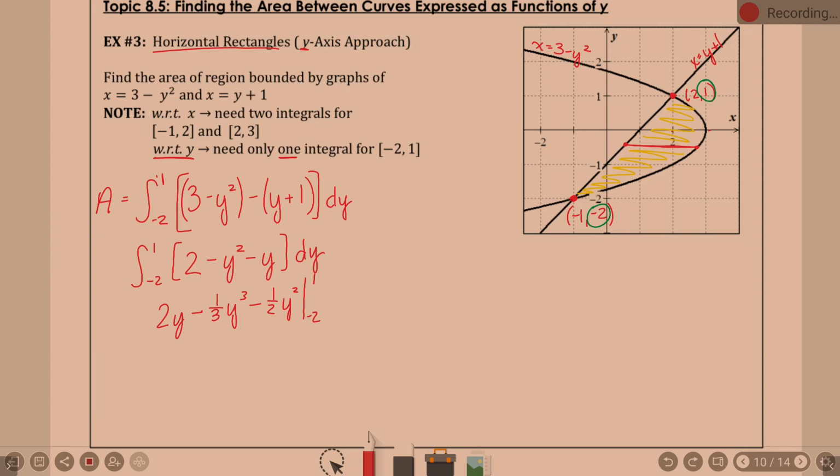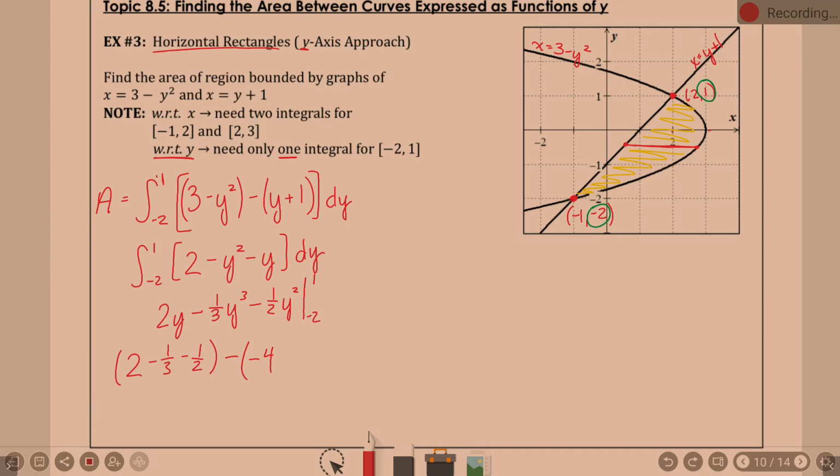Okay, ready to plug in? I like plugging in 1, that'll be easy. 2 minus 1/3 minus 1/2, right? And I had that in parentheses, and minus. Now I'm going to put in -2. 2 times -2 is -4. -1/3 times -2 cubed.